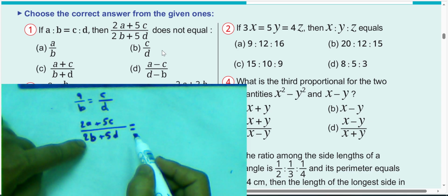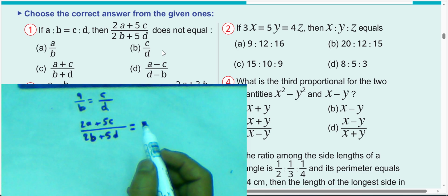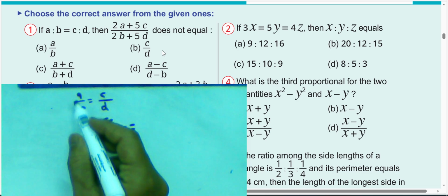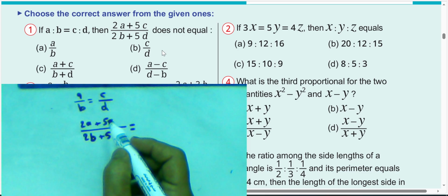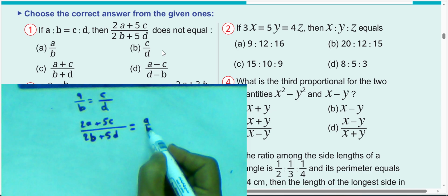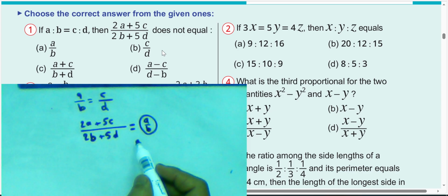The result will be one of the ratios, like this: A over B or C over D. Then the answer will be A over B. Then the answer is letter A.